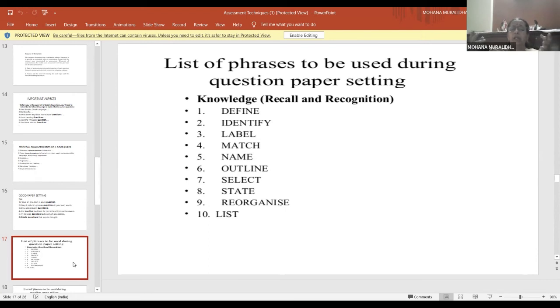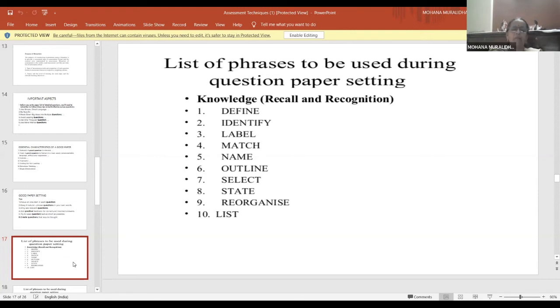Or naming the triangles, which are the 2 triangles which are similar, நிறைய triangles கொடுத்தா identifying. And then selecting, stating, recognizing, listing, இந்த மாதிரி words can be the phrases used for questions which are going to be knowledge based.